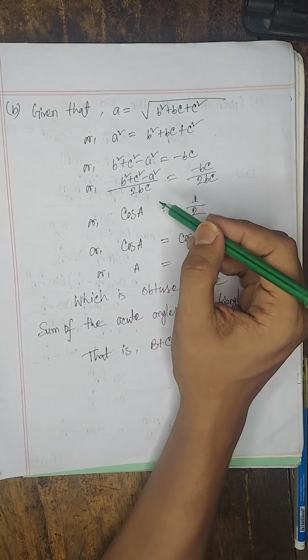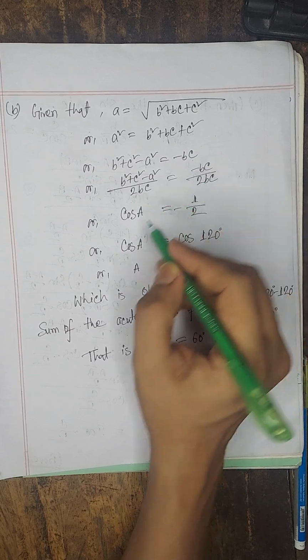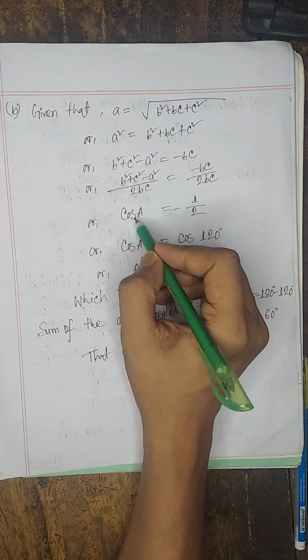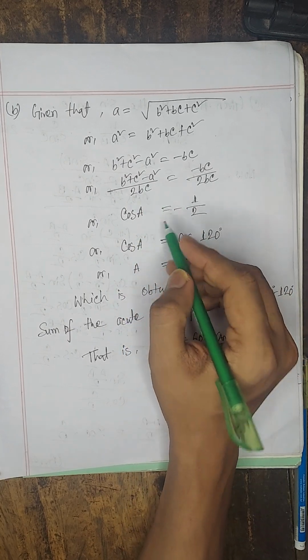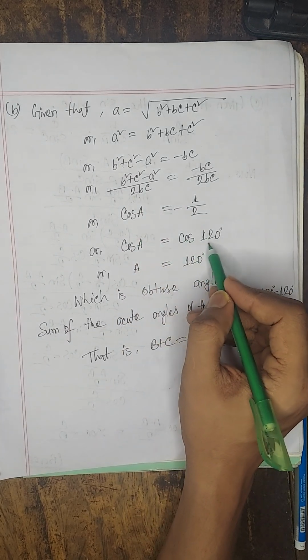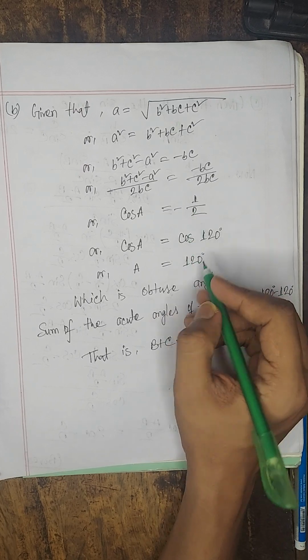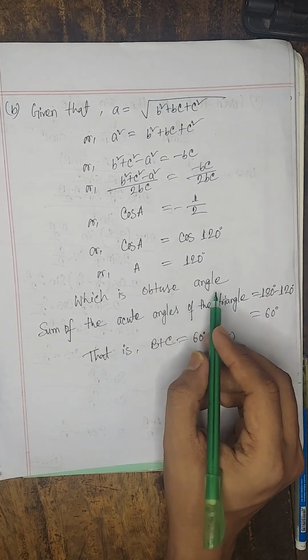Then we divide both sides by 2bc, and we can write cos A is equal to (b square plus c square minus a square) by 2bc. Then we get cos A is equal to minus half, and here we can write cos 120 degree instead of minus half. Then we get A is equal to 120 degree, which is an obtuse angle.